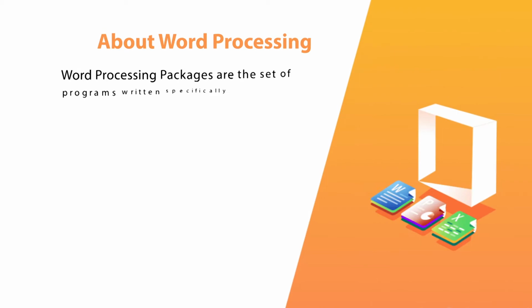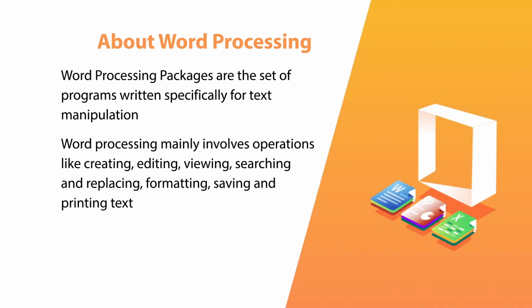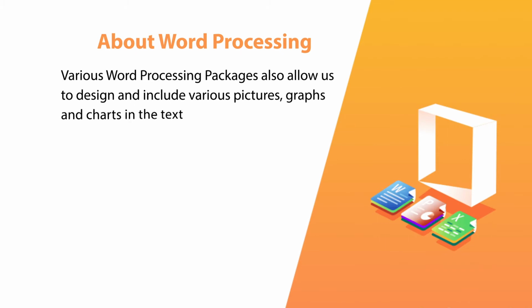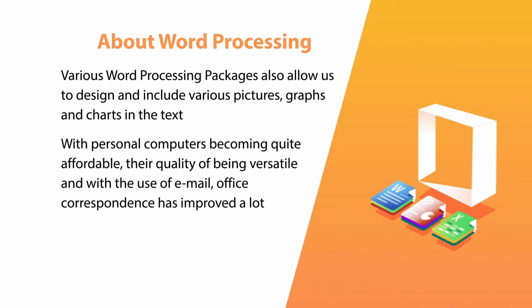Prior to going into the depth of that, we first emphasize word processing. Word processing packages are sets of programs written specifically for text manipulation, and word processing mainly involves operations like creating, editing, viewing, searching and replacing, formatting, saving, and printing text. Various word processing packages also allow us to design and include pictures, graphs, and charts in the text. With personal computers becoming quite affordable, their versatility, and the use of email, office correspondence has improved a lot.